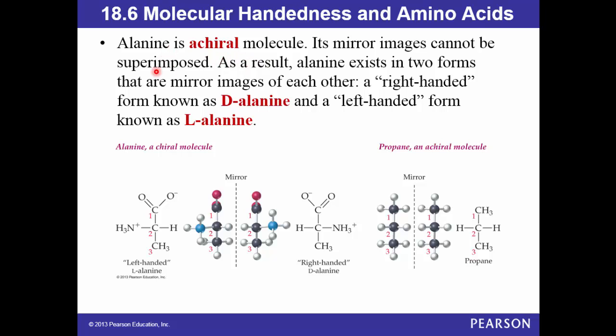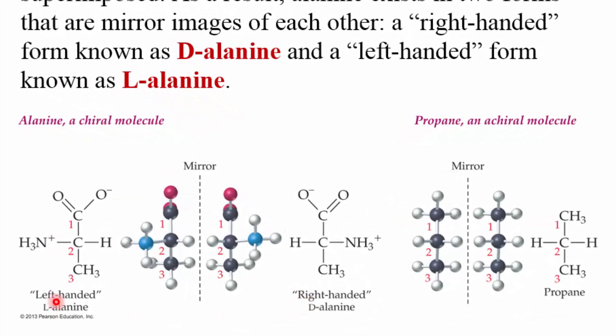Its mirror images cannot be superimposed. As a result, alanine exists in two forms that are mirror images of each other: a right-handed form known as D-alanine and a left-handed form known as L-alanine. And as you can see here, they are mirror images of each other: left-handed L-alanine and right-handed D-alanine.